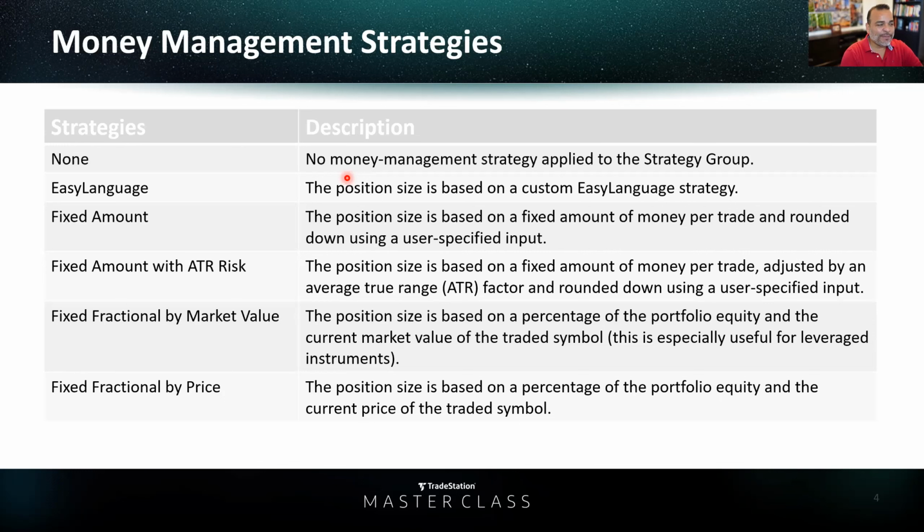We're going to take a look at probably a fixed amount, where the position size is based on an amount of money. So you're dedicating the same capital to each one of your positions, and that way normalizing the risk across all your positions. Fixed amount with ATR risk, fixed fractional by market value, fixed fractional by price. Interesting.